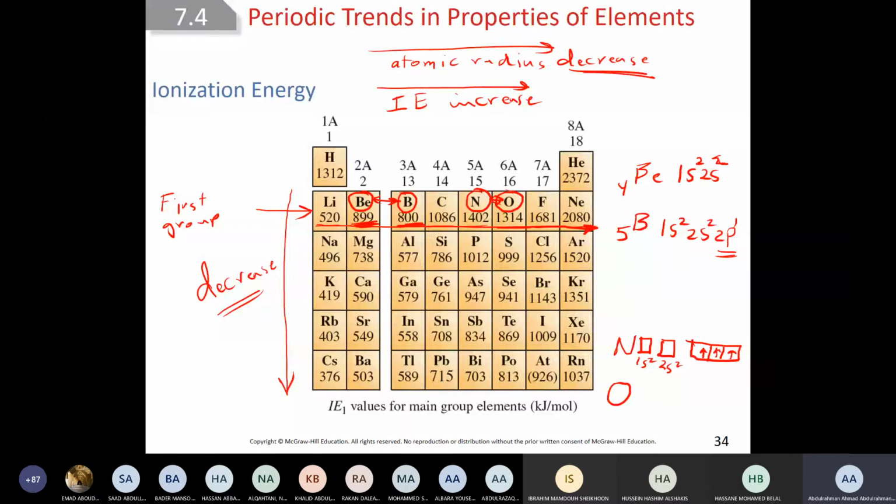When you go to oxygen, it is 1s2, 2s2, 2p what? 4. So 1, 2, 3, and 4. Again, it decreases here. Why do you think it decreased?